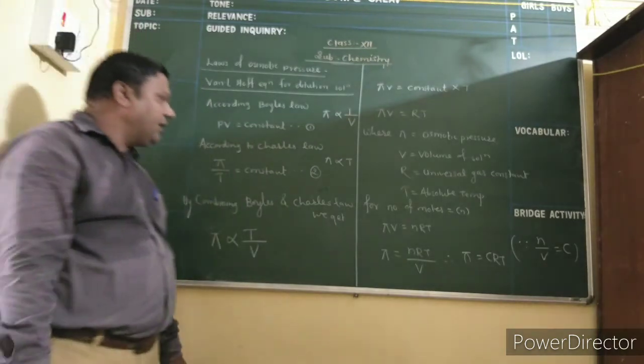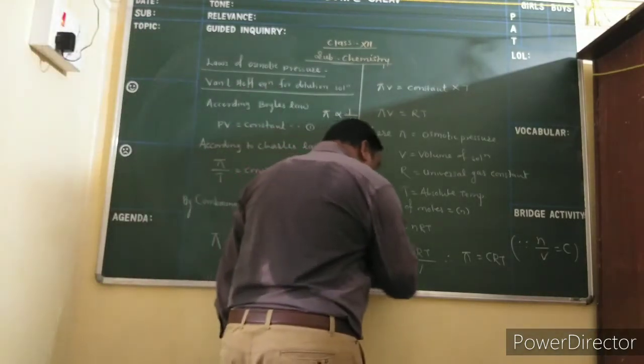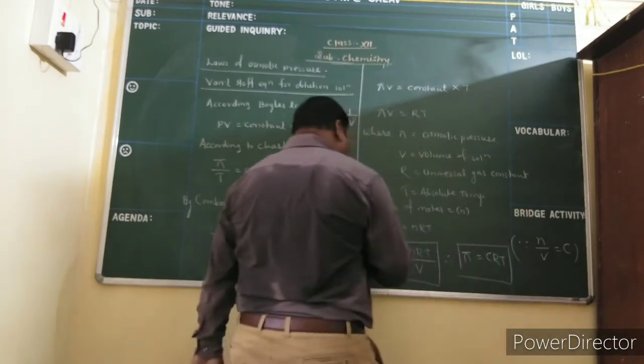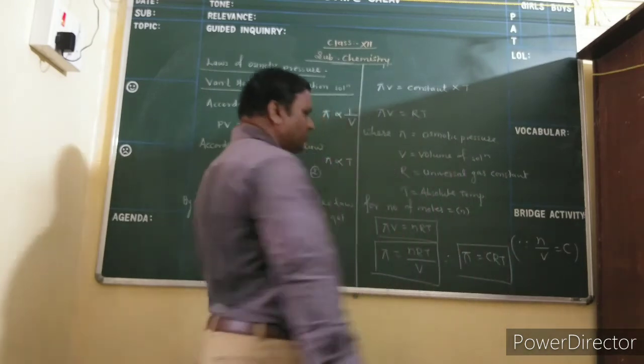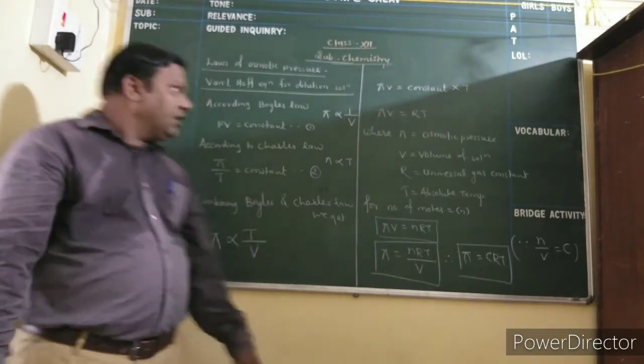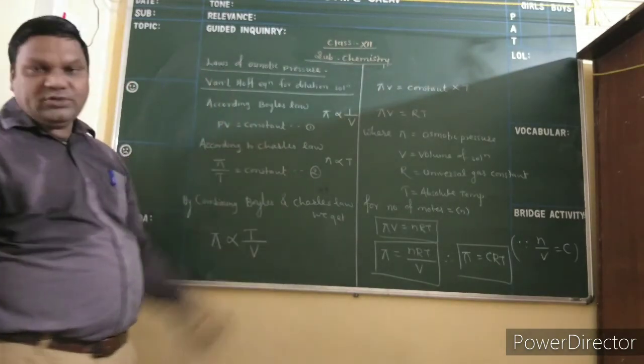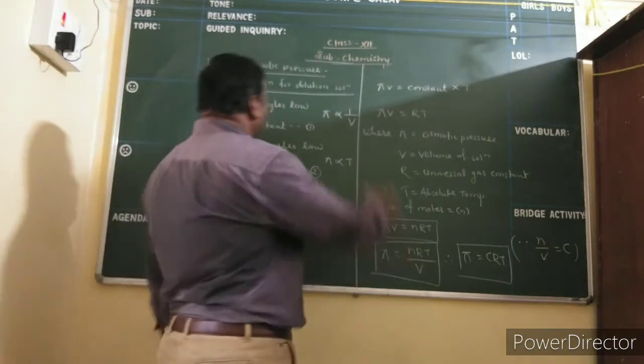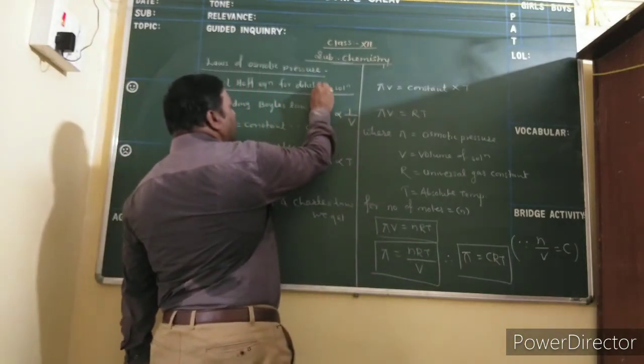So therefore pi is equal to nRT upon V, pi is equal to CRT, or PV is equal to nRT. So this is the Van 't Hoff equation for dilute solution.